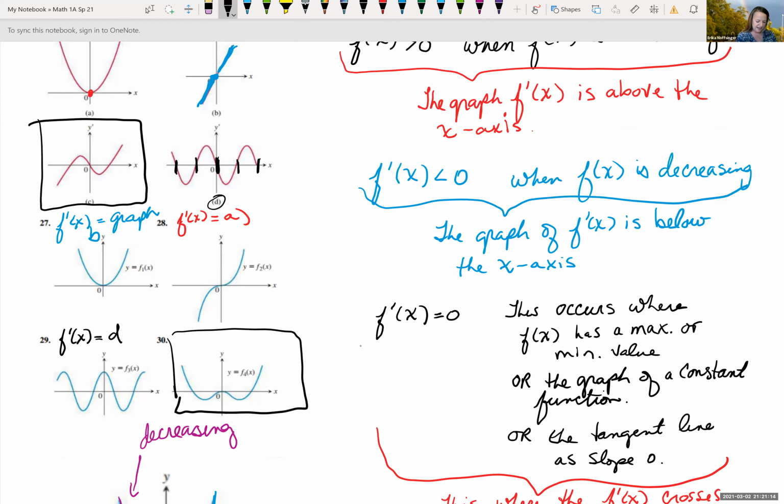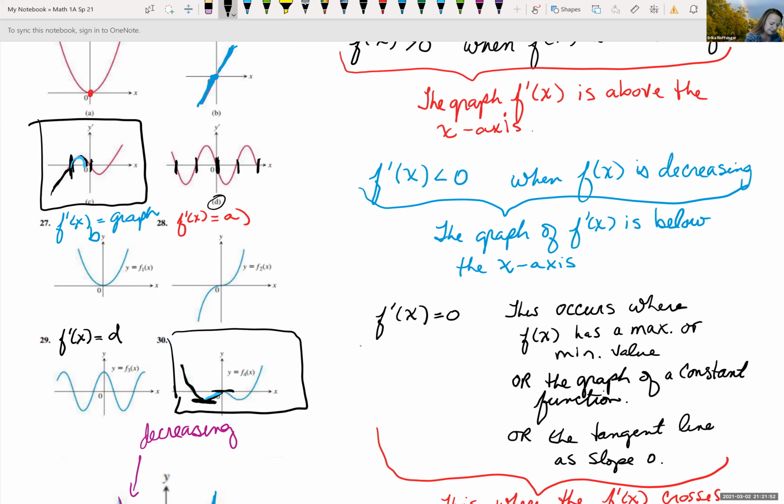And we could quickly look at it. It's decreasing everywhere. So this should be below the x-axis until we hit this value here, where it's going to cross the x-axis. Note this is below the x-axis. We're crossing the x-axis. This piece here now is going to be increasing until we go to 0, which means my derivative function is above the x-axis, which it is. It's that piece here. And then notice that this is a horizontal max.